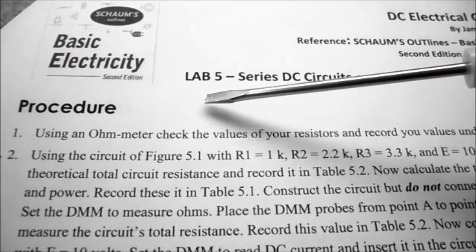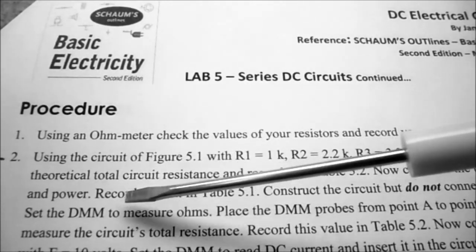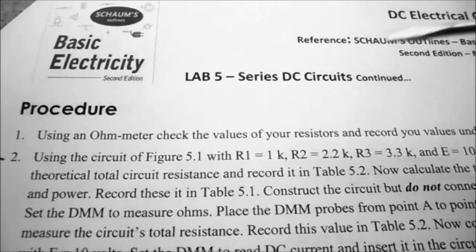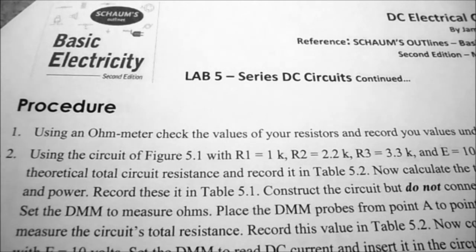For Lab 5, under Procedure, I've updated Procedure Step 2, 5, and 6 to include the total resistance of Circuit 5.1 and the total resistance of Circuit 5.2, as we need these to do our calculations. We're also going to measure the total resistance of the circuit of Figure 5.1 and the circuit of Figure 5.2 to make sure that we've hooked up our circuit correctly.